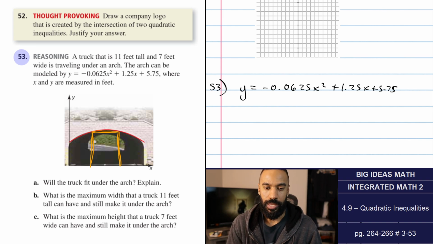So if I go to the graphing calculator, I'm going to let the calculator do a lot of it. I'm going to do negative 0.0625x squared. There's more than one way to do this problem. This is my approach. Plus 1.25x. I hope this truck makes it. Plus 5.75. And let's just do y equals 11.